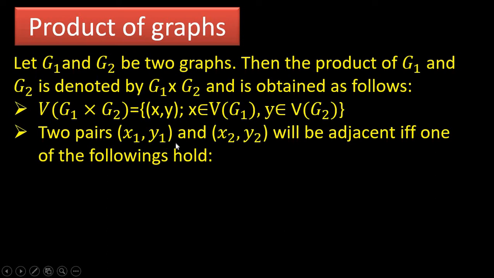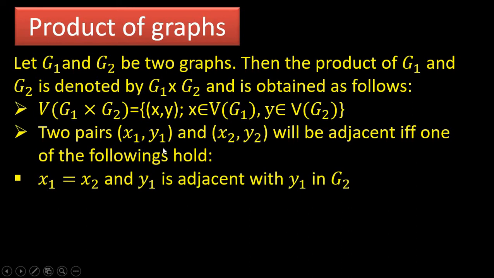Now we take the edges of G1 cross G2. Two pairs, x1 y1 and x2 y2, will be adjacent if one of the following holds. Number one is if x1 is equal to x2 and y1 is adjacent with y2 in G2. Sorry, there is a mistake, this is y1 and this is y2.